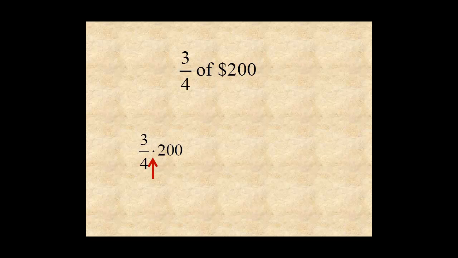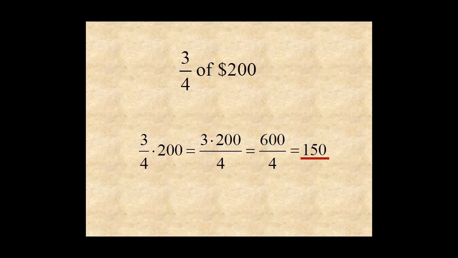So we can write 3/4 of 200, which would be 3/4 times 200. This is 3 times 200 over 4, which is 600 over 4, which is 150. The same amount we had in the previous frame.